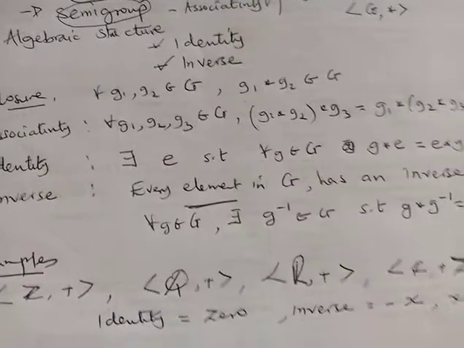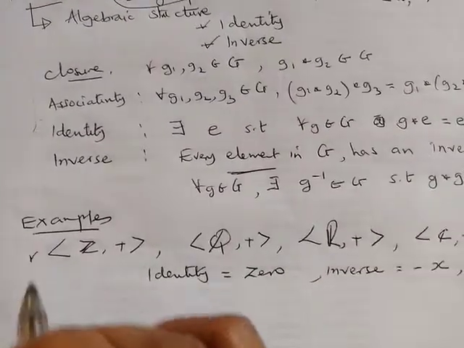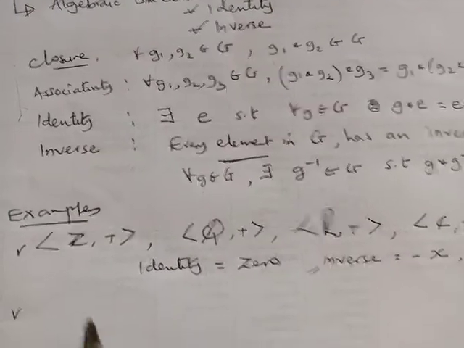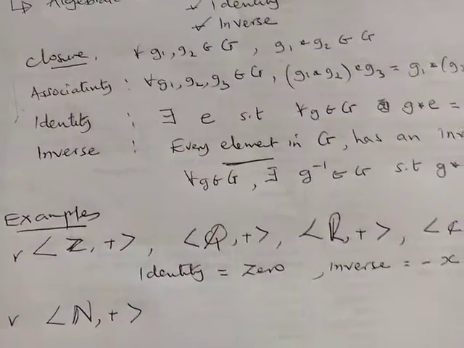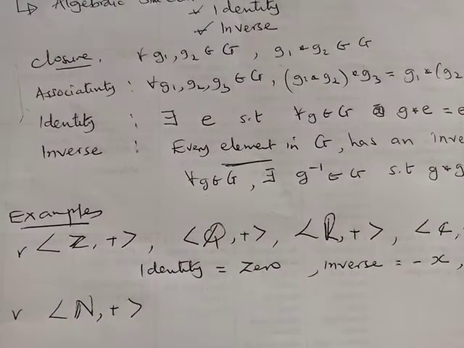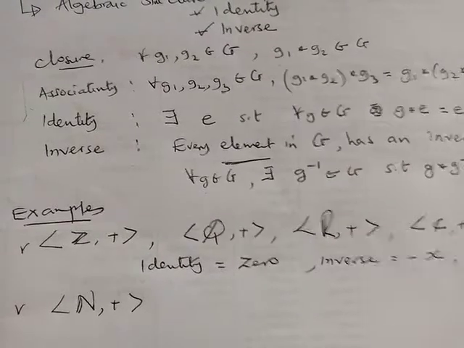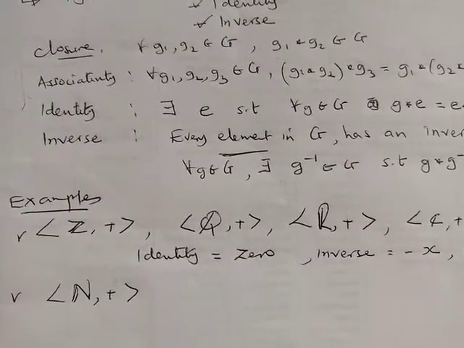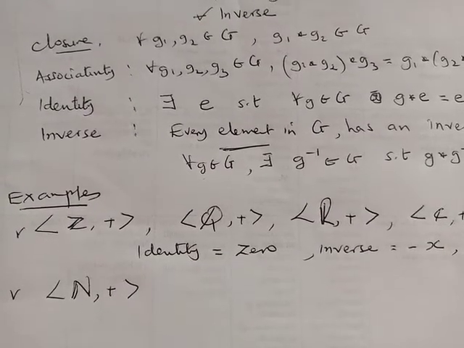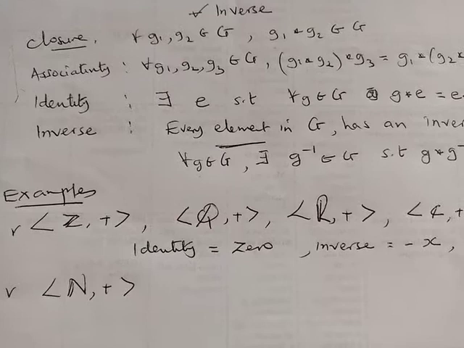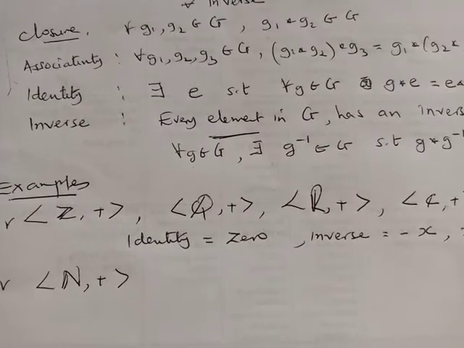Another common example you can take is the natural numbers and addition. Is it also a group? Sorry, can it really be a group? Something should not be working properly here, because I don't think the natural numbers contain the inverse within the same set, from the idea of closure.